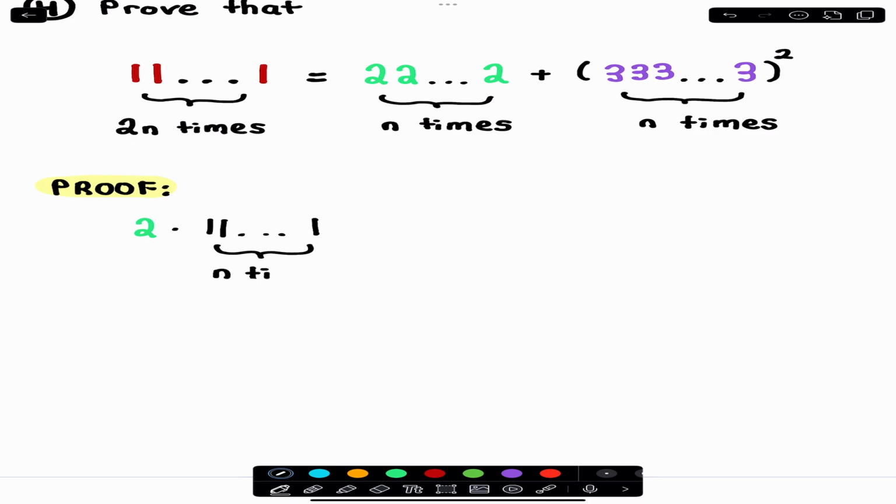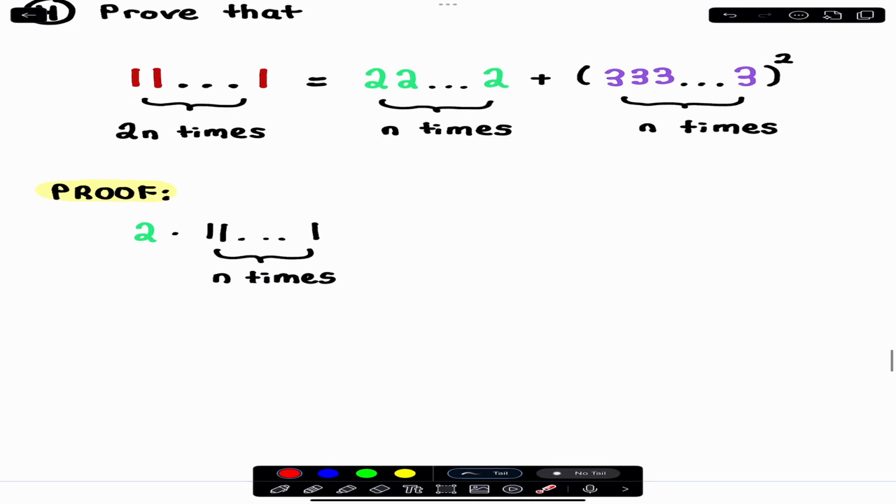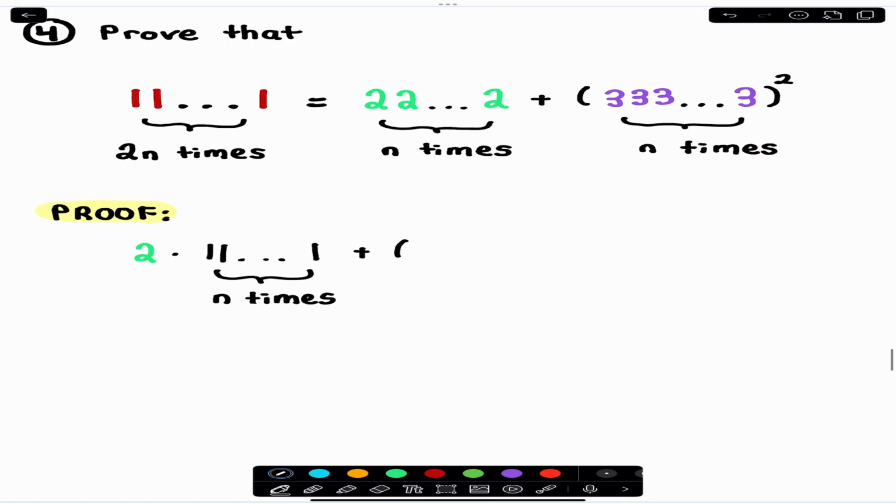So we always like to break things up so that we see the familiar rep unit. That's nice to see. And then let's do the same for the 3. So we have 3 times n copies of 1.